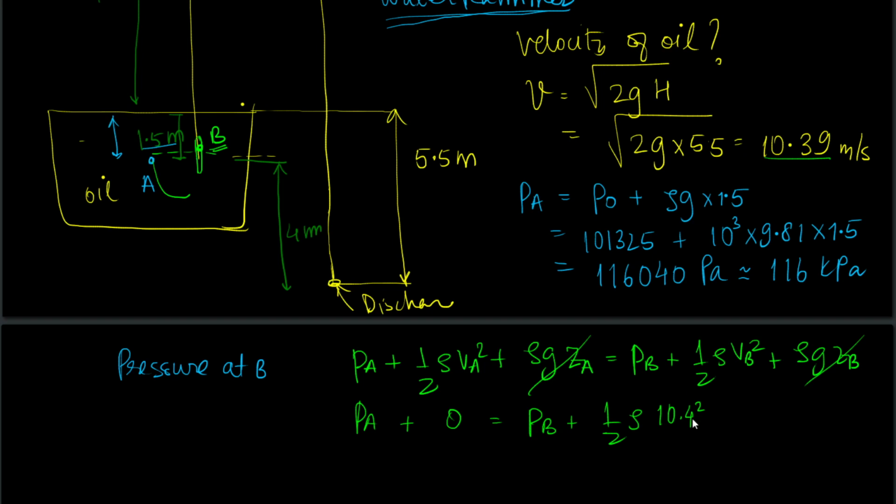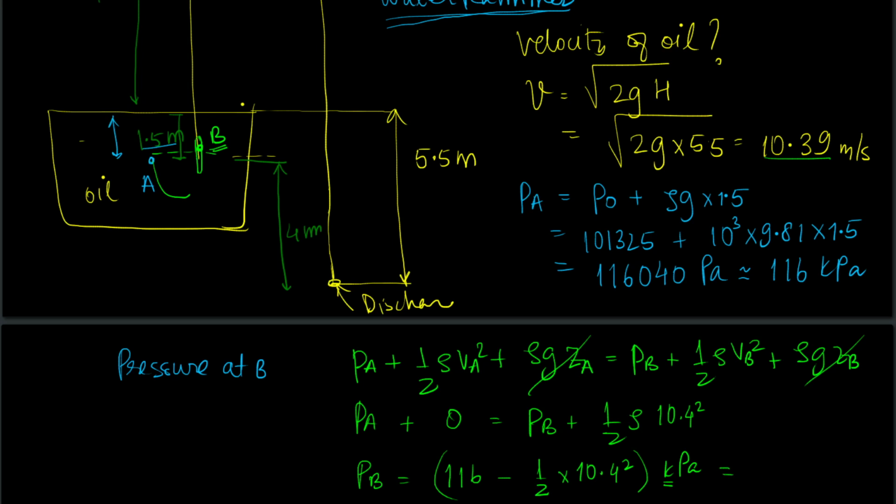So PB is 116 kilopascal minus half times 10.4 squared, where I'm absorbing the density, 10 to the power 3, into the kilopascal.